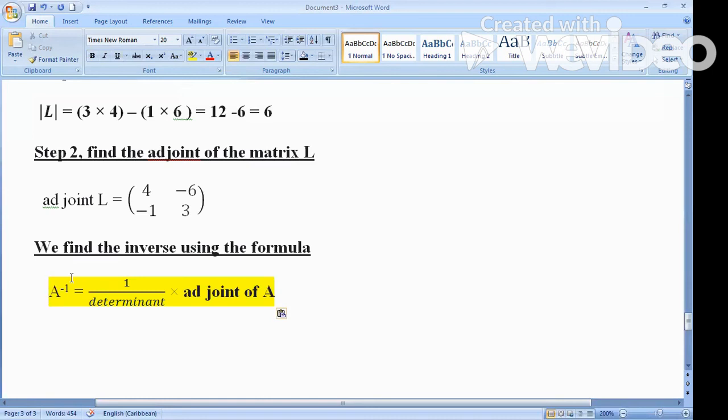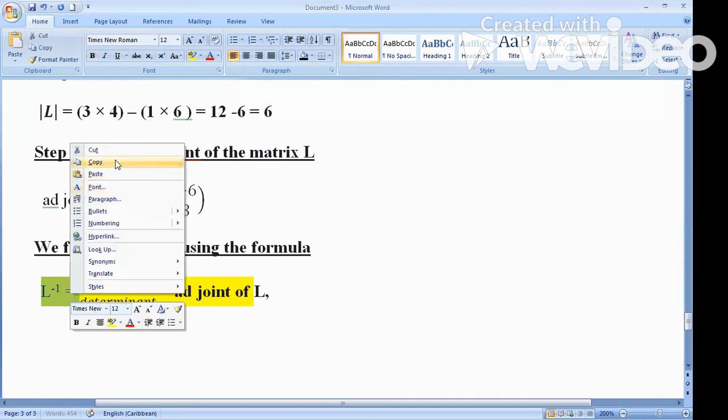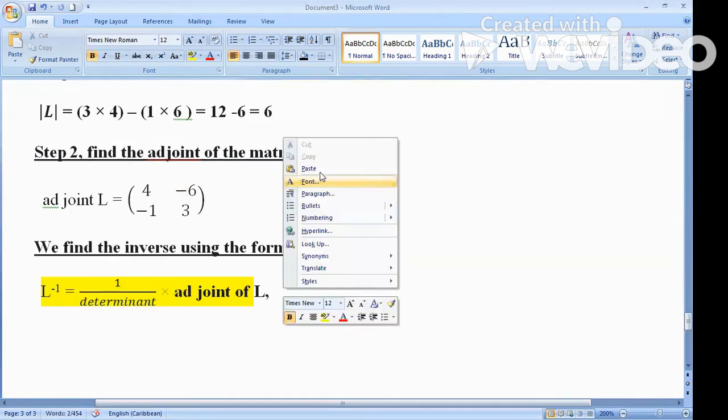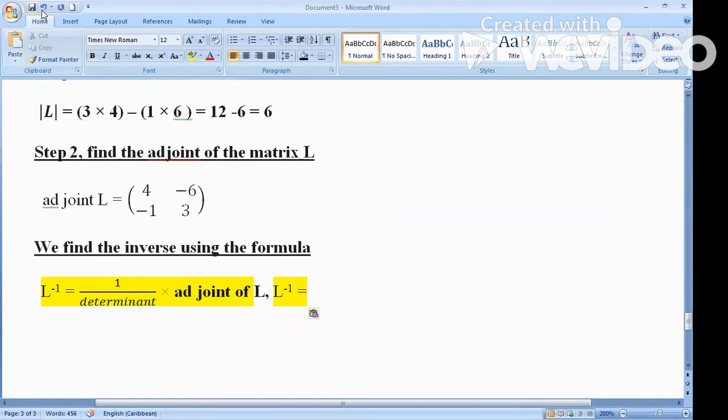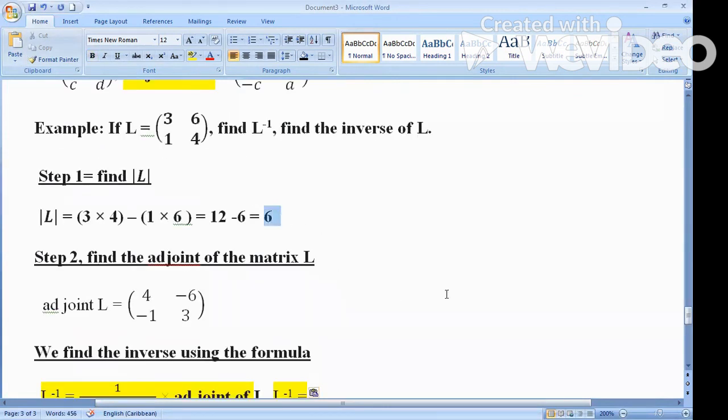Okay. All right. So, well, it's not A, it's L. So L inverse is equal to 1 over the determinant. Now, what's the determinant of L? 6.